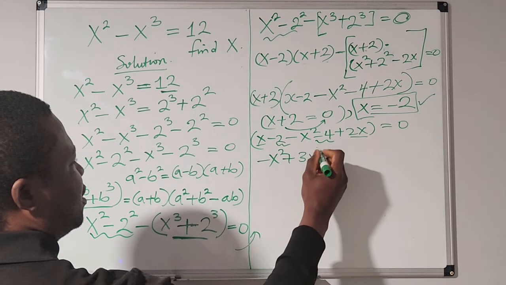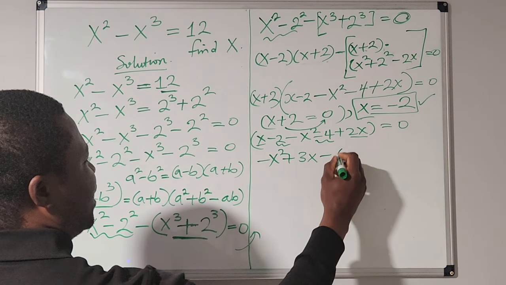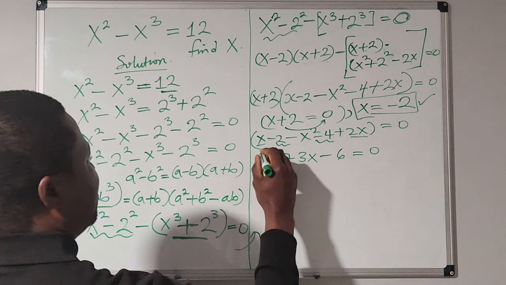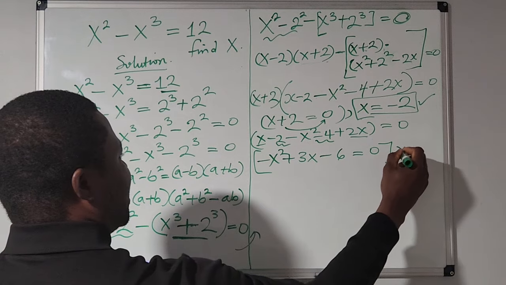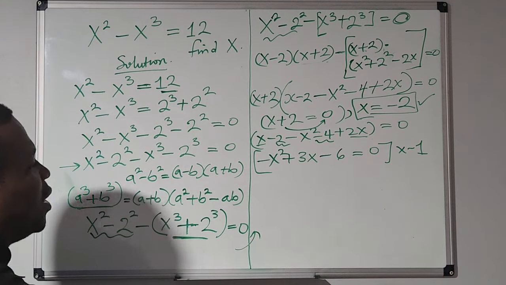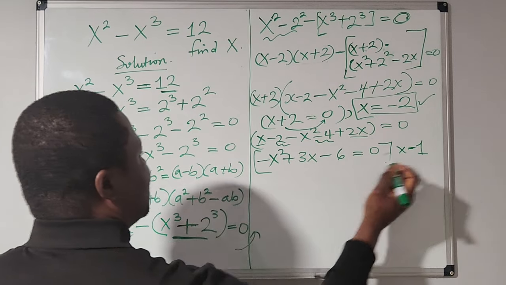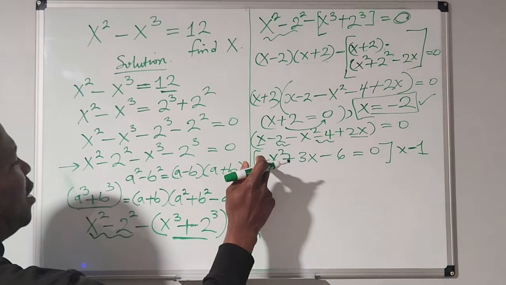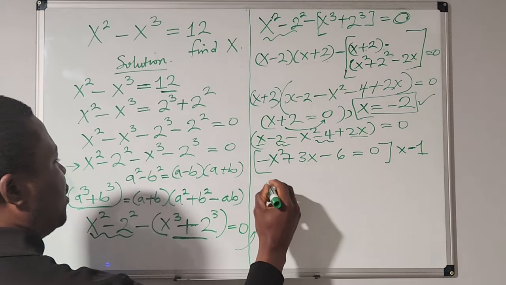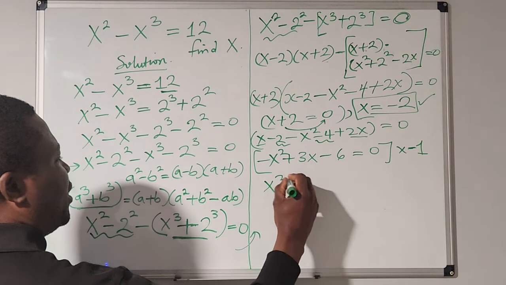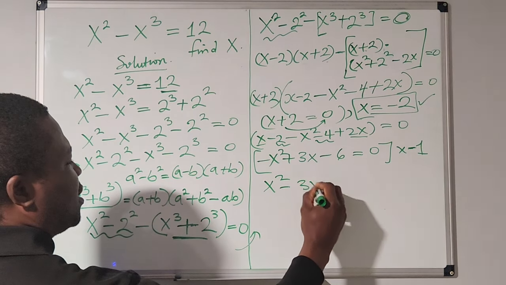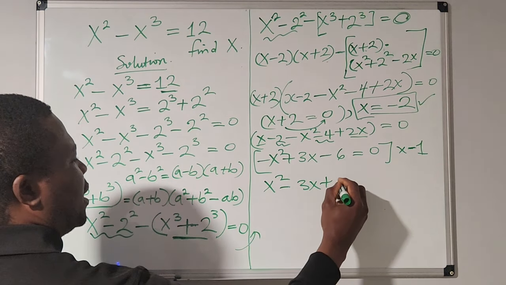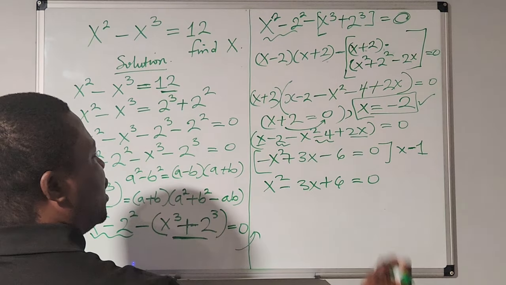Minus 2 minus 4 will give us minus 6 equals 0. If we multiply both sides by minus 1, because we are trying to get a positive sign on the x squared, this becomes x squared minus 3x plus 6 equals 0.